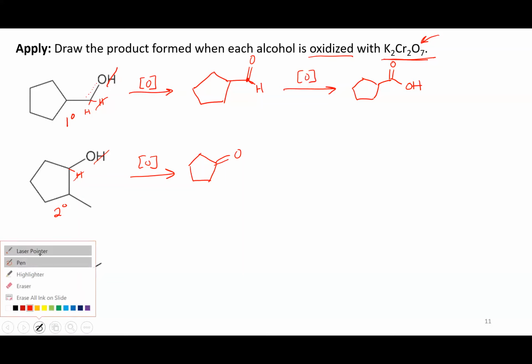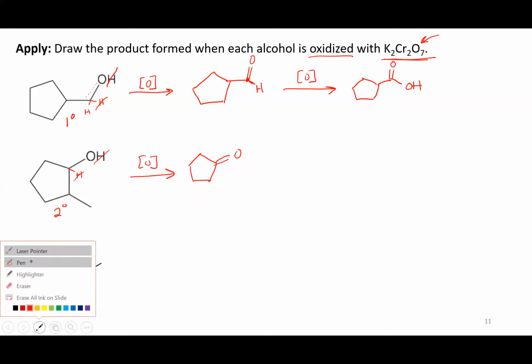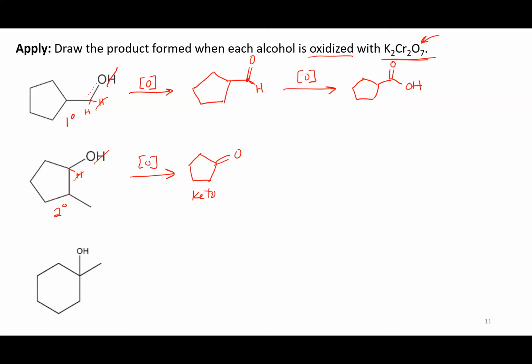Now at this point, this carbon here does not have any more hydrogens that I can oxidize. So this means that I'm done here. So a secondary alcohol will give you a ketone. This is a ketone, and this here is a carboxylic acid. This intermediate step here, this is an aldehyde.